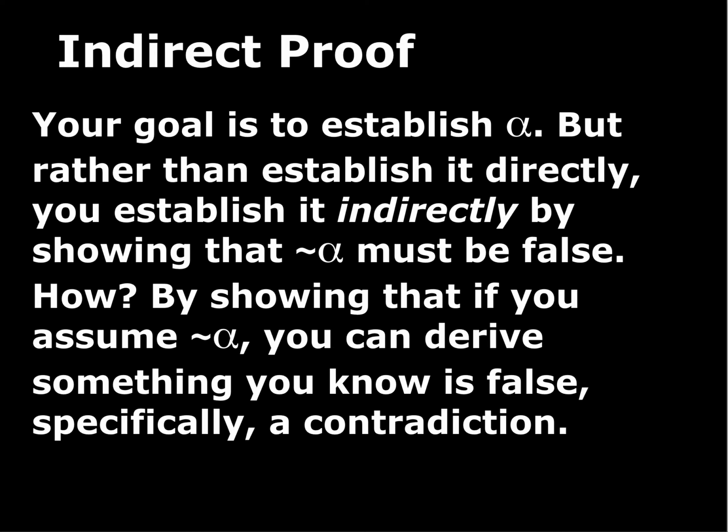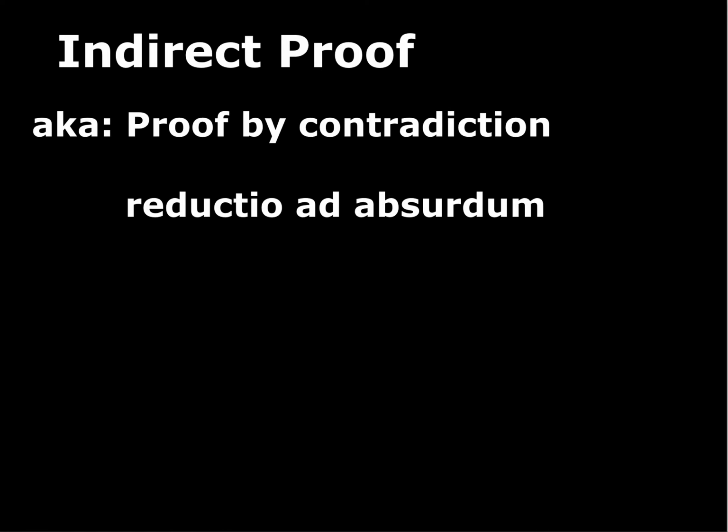That may not make a lot of sense right now, but it will after I show you some examples. By the way, it also goes by other names. Indirect proof is sometimes called proof by contradiction, or reductio ad absurdum, the Latin for reducing something to absurdity, or showing that something leads back to an absurdity.